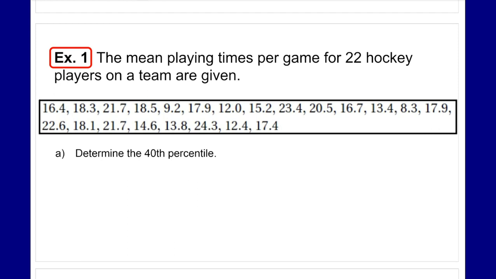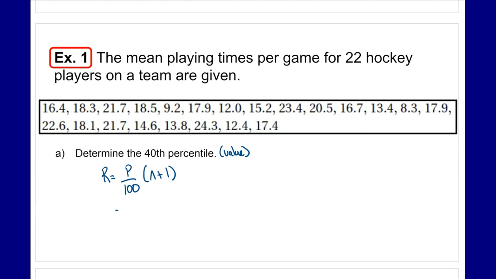In this case, when we're looking for the value at a percentile, we need to use our percentile rank formula: R equals the percentile divided by 100 multiplied by the number of data points plus 1.